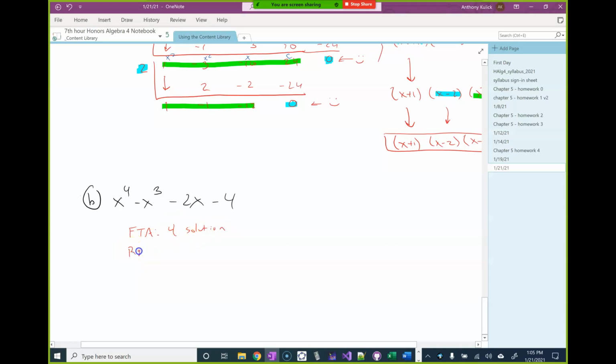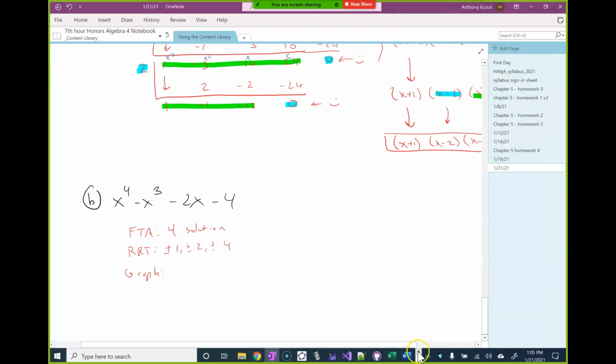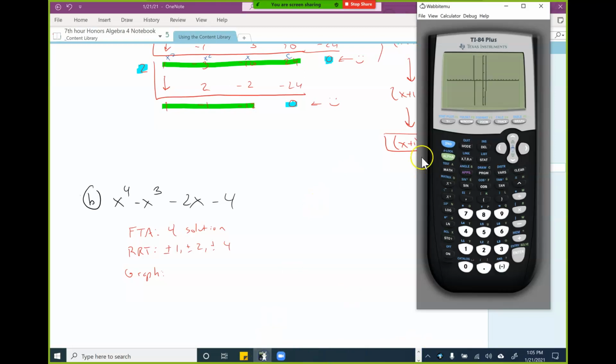And if we look at our graph, let's see what we get here. Clear out the old one, and then just type in the new one exactly as it's written. Reset our window.